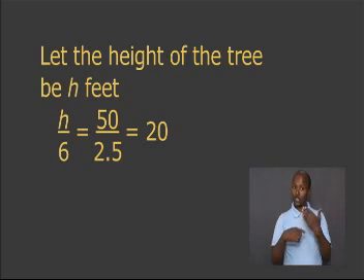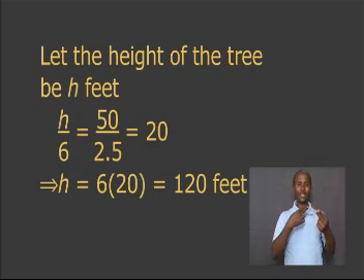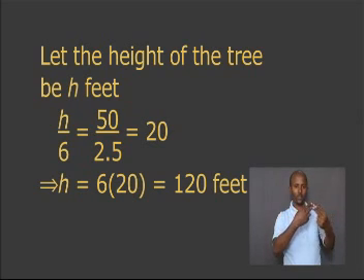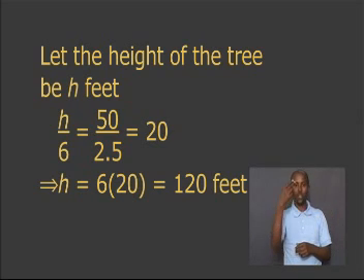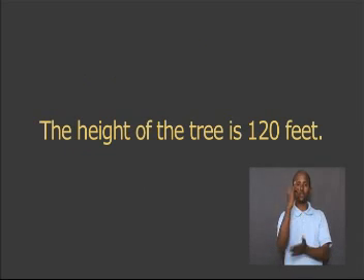This equals 20. Now let us solve for h. We multiply each side of the equation by 6, so we find that h equals 120. Therefore, the height of the tree is 120 feet.